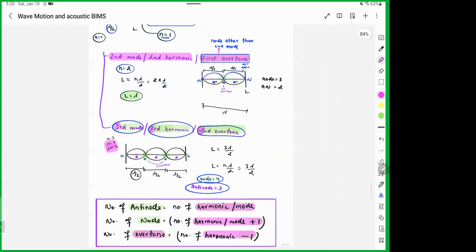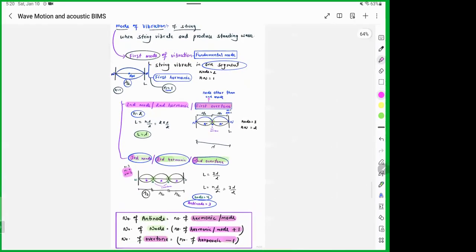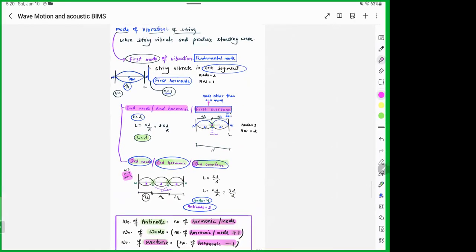Ask me, guys. This topic is done, and everything else will compare with this only. Observe this. Take your time, understand this, and ask your doubt, because 98% of this topic is done if you understood.